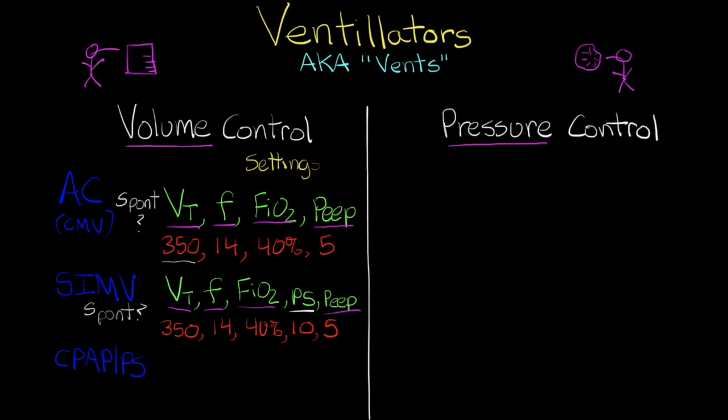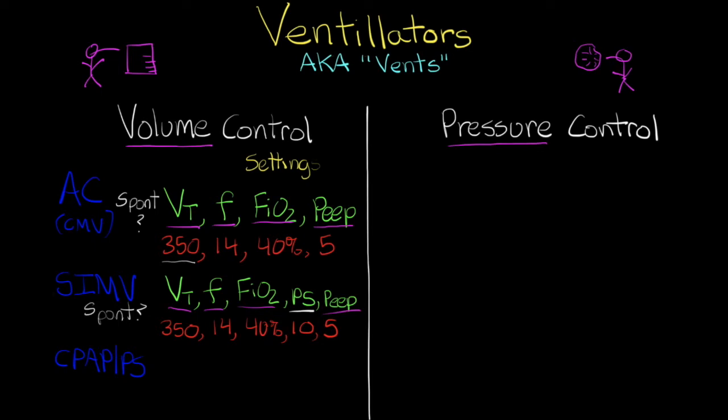If we don't compensate for this increased need of the patient by adjusting some of these other settings, what we can do is increase our pressure support. Now each time the patient goes to take a breath, we're going to push with more pressure, and this is going to allow them to take a bigger breath easier than they would have been able to before. This leads into one of the big advantages of SIMV: the patient has to put some effort into their spontaneous breathing, so their diaphragm is going to get exercised.